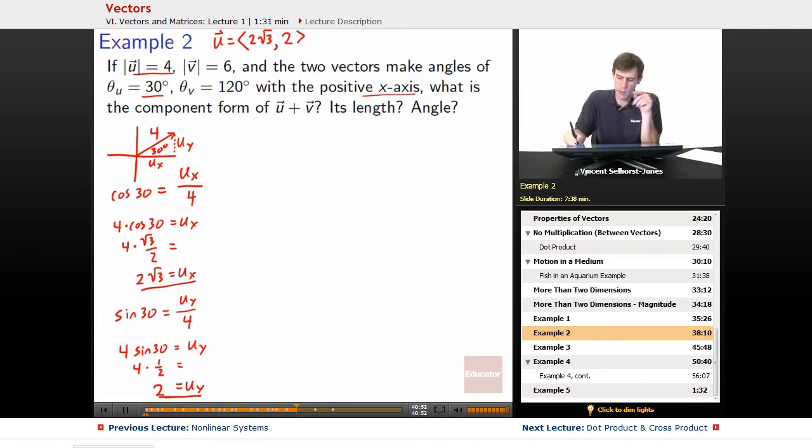Now, I want to point something out before we keep moving. Notice, right here we started at sine 30 equals uy over 4, but we always get to this 4 times sine 30. So if you know the length of your vector and you know what angle it's at, you can just hop to the length times cosine or sine, if it's side adjacent or side opposite respectively, of the angle, and that will give you the side adjacent or side opposite.